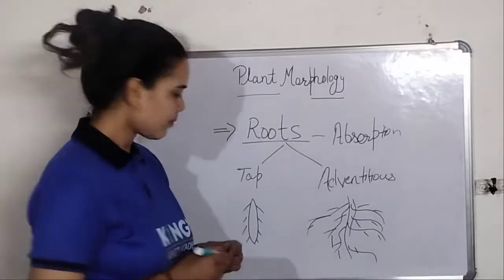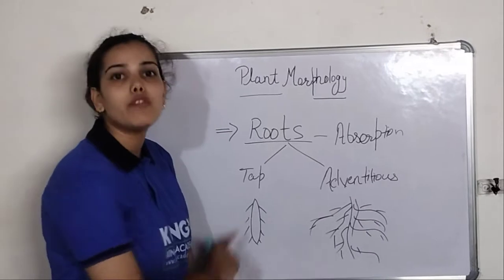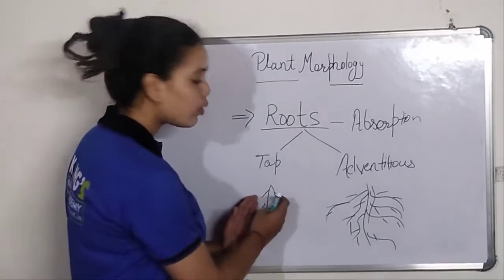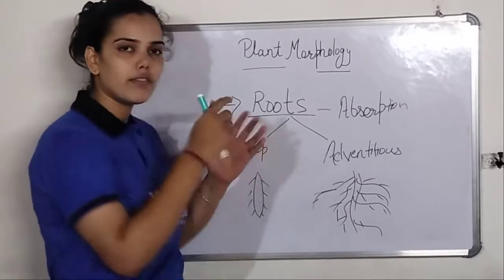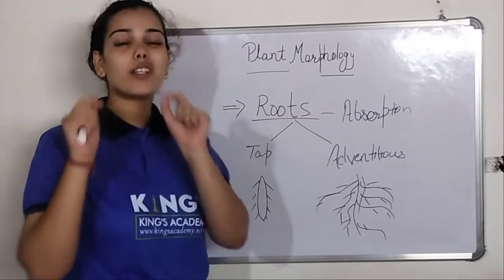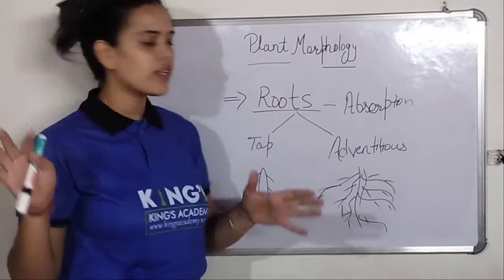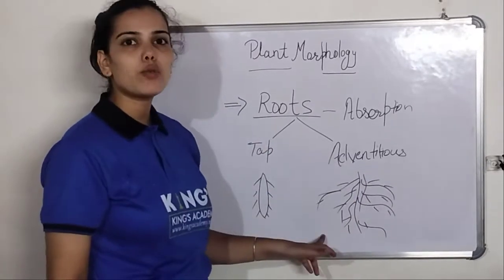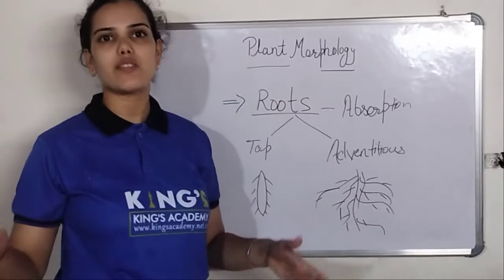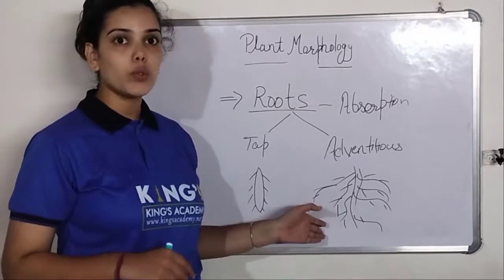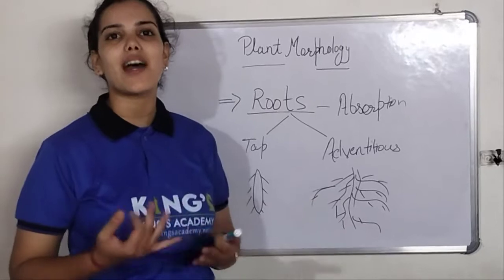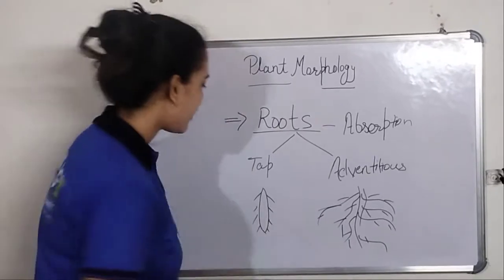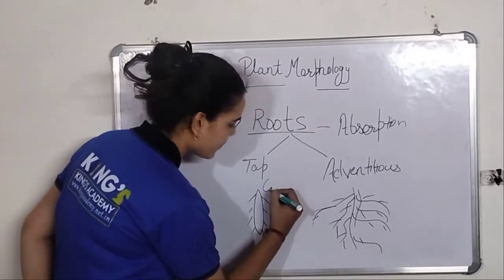Okay. So in taproot, we need to know that there is one basic root with small thread-like structures coming out around it, right? And in adventitious roots there are long thread-like structures, known as roots, coming out, right? So in taproot, the basic examples are carrot and radish, right?